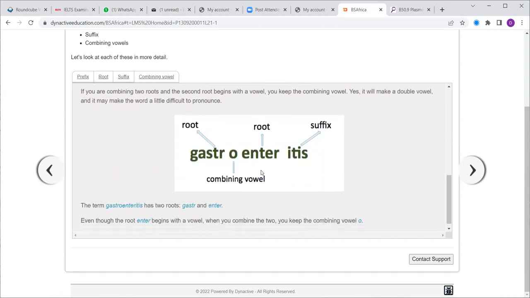Then you come to gastroenteritis. So gastro, enter, two root words with a combining vowel, and then itis. Anywhere you see the word gastro, it means stomach. Enter means kidney. So gastroenteritis means a disease of or an inflammation of the stomach and the kidney.